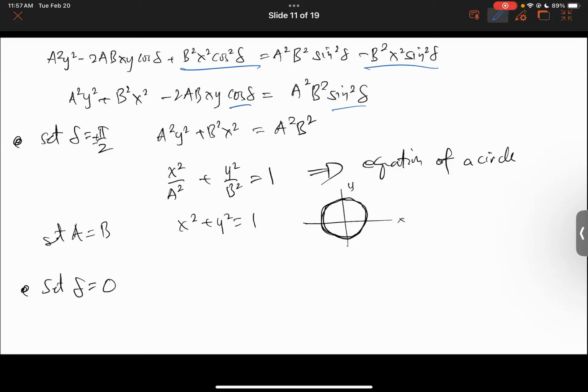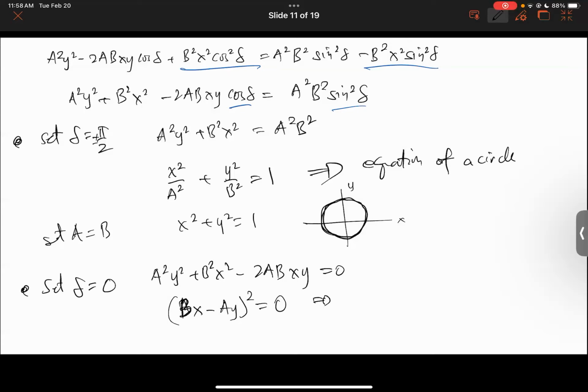And we are left with a squared y squared plus b squared x squared minus 2ab xy is equal to 0, which is nothing but bx minus ay quantity squared, right? Is equal to 0.